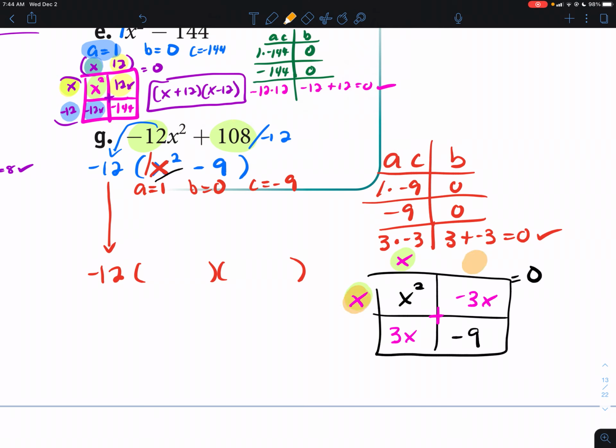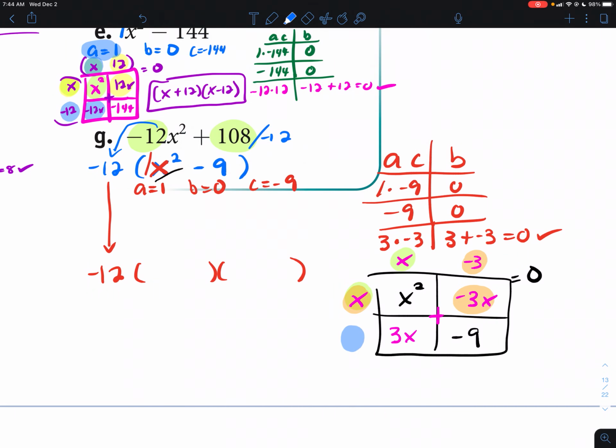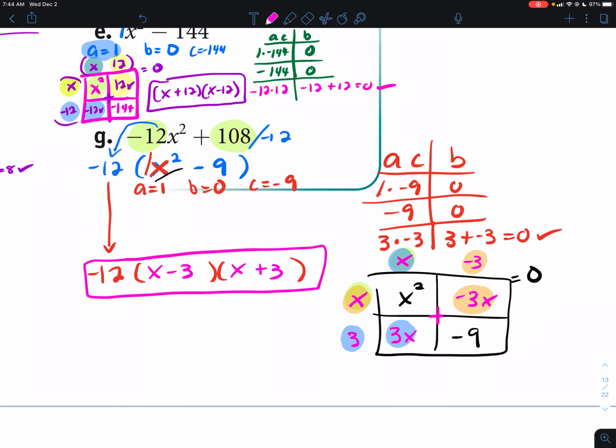What times x gives us negative 3x? Well, that would be negative 3. And then what times x gives us 3x? Well, that would be 3. So our answer is x minus 3 and x plus 3 with the negative 12, the GCF, on the front.